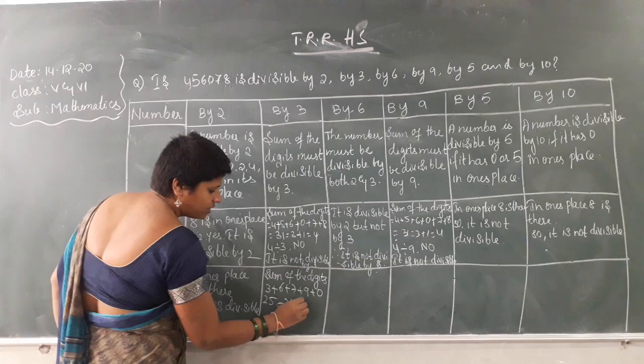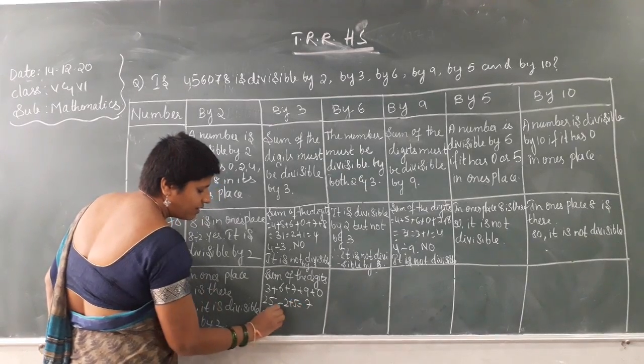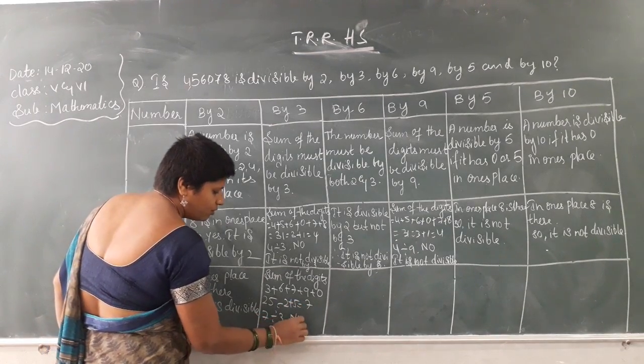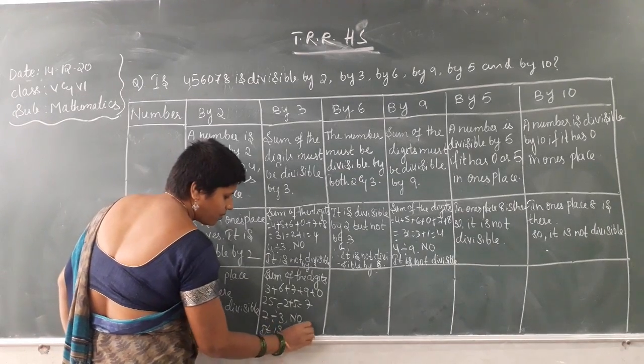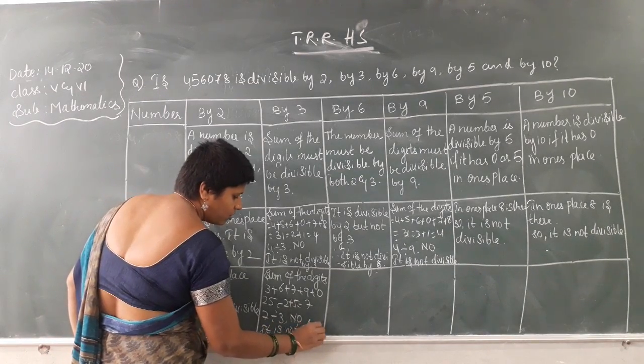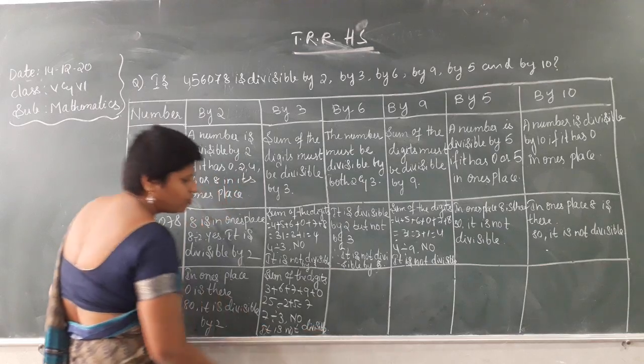Again 2 plus 5 is equal to 7. So is 7 divisible by 3? No. So it is not divisible.